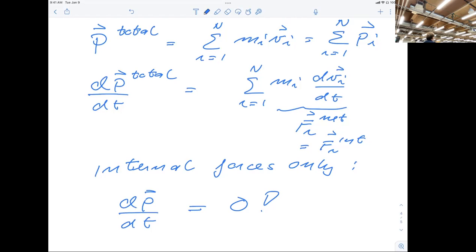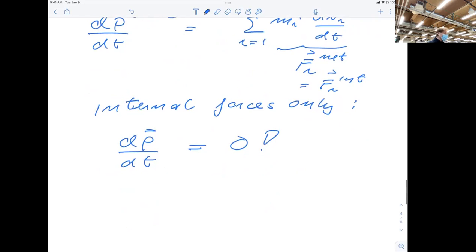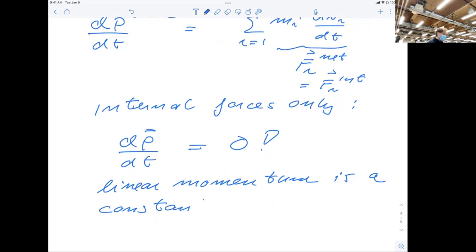And that means that linear momentum is conserved. So we say then that linear momentum is a constant of the motion.